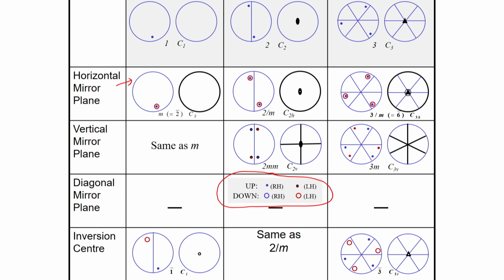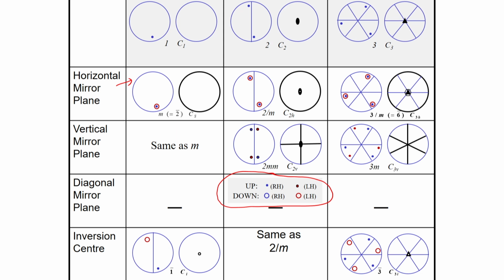Now, with this out of the way, you can now clearly see, because the mirror is added in the horizontal plane, the blue dot which is in the upper hemisphere gets reflected down. So, from up a point is generated down, which is shown as a red open circle. Why red? Because of the reflection operation the handedness changes.